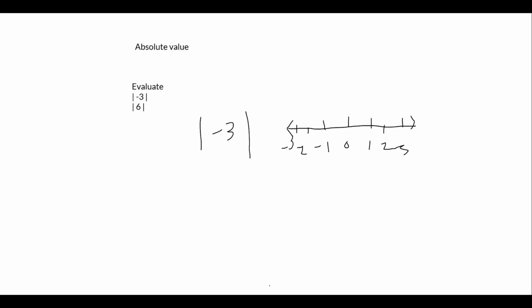Okay, so -3, we're going to start right there where -3 is, and we're going to count how far we are from 0. So we're going to go 1, 2, 3. So the absolute value of -3 is 3.